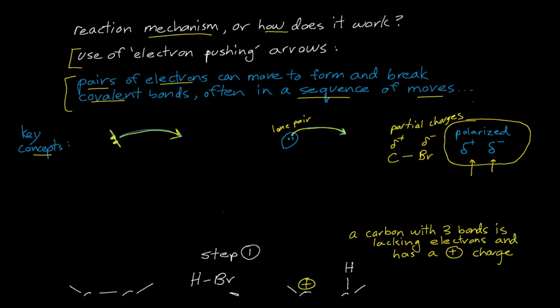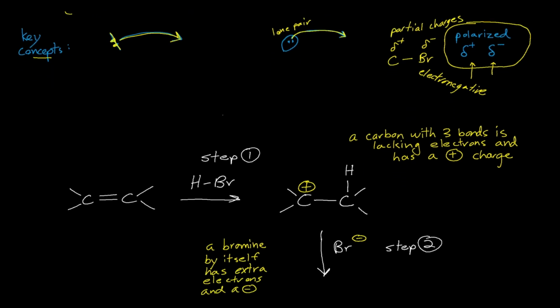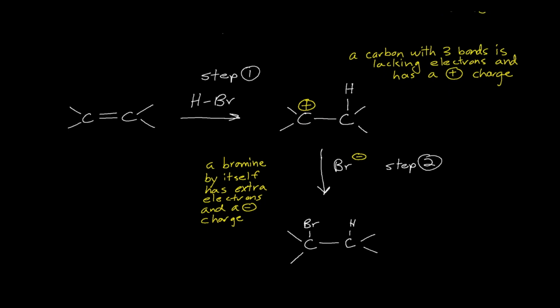So partial charges exist in polarized bonds like this, and it's due to electronegativity. Bromine is electronegative. We're going to revisit these concepts over and over again until we get them down really solid.